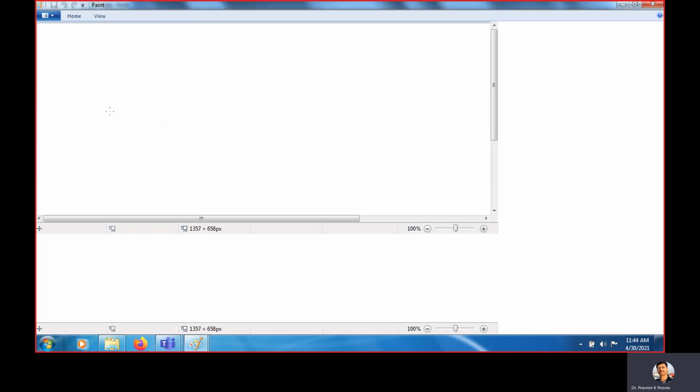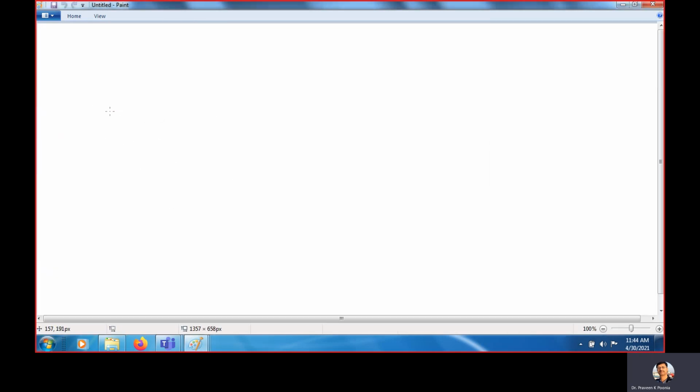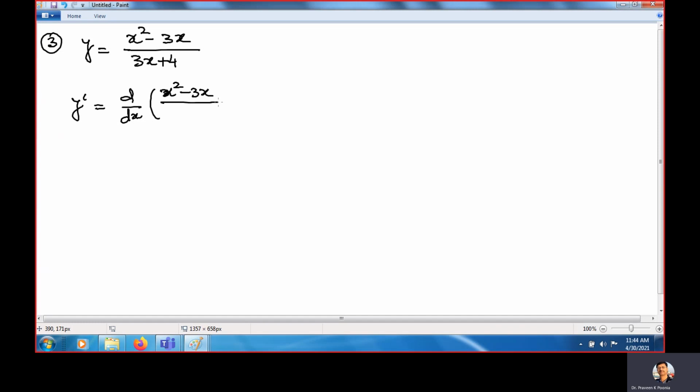Okay. One more question we will take for the quotient function, number 3: y equals x power 2 minus 3x upon 3x plus 4. So what is y dash? Y dash means d by dx of (x power 2 minus 3x) upon (3x plus 4).